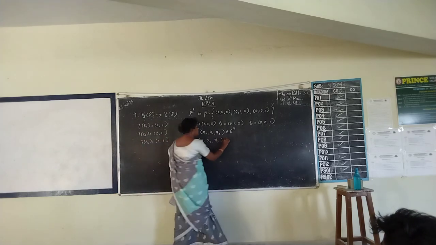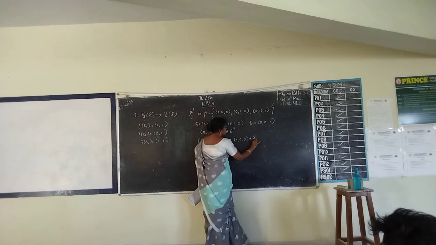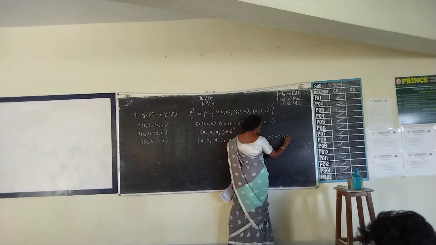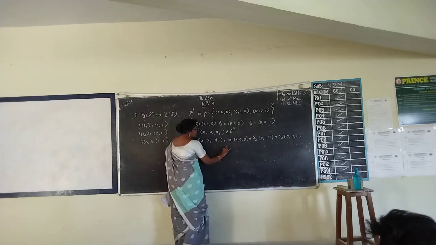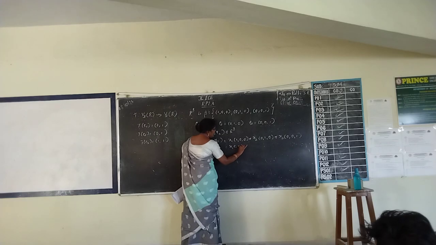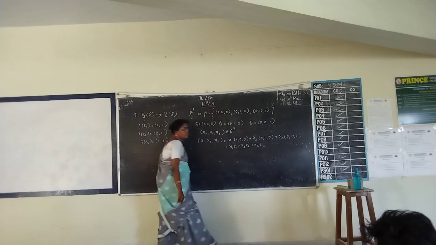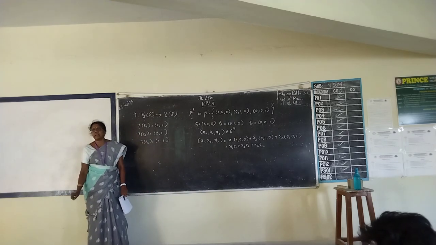So this is equal to x1 into (1,0,0) plus x2 into (0,1,0) plus x3 into (0,0,1). If you know this, you can write it directly also. So x1 E1 plus x2 E2 plus x3 E3. This is writing the generalized element in terms of the standard basis.